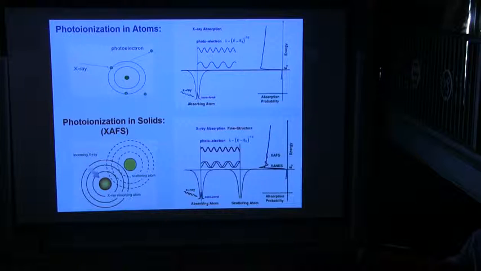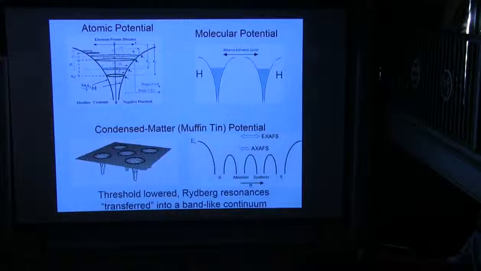That's kind of the explanation. One major qualitative difference between the two, of course. From a theorist's point of view, what we're trying to do is go from this one spherically symmetric atomic potential to, in the case of a diatomic molecule, two of these wells, or in the case of a solid, an infinite array of such atomic wells, which here I'm showing with a bit of a muffin tin approach.